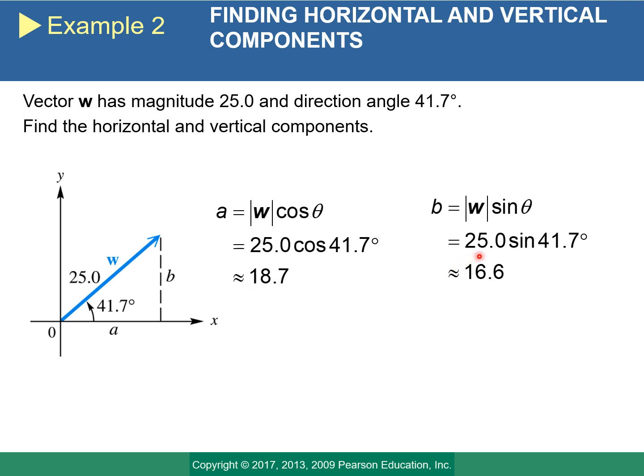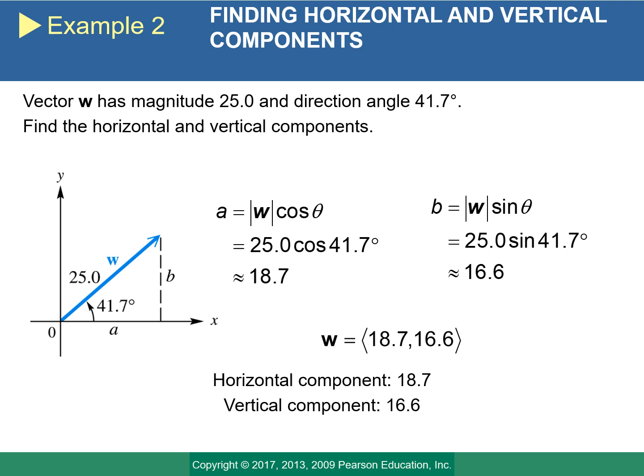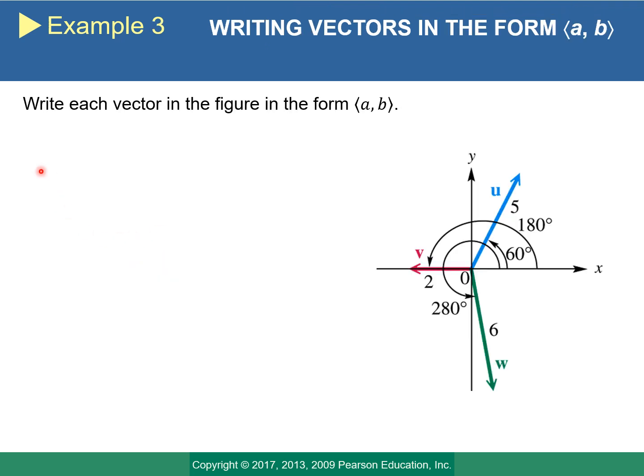So you just have 25 times sine 41.7, so the vertical side is 16.6. And so you can rewrite your vector now in terms of those two components. That's the terminal point. So this vector ends at the point 18.7, 16.6.